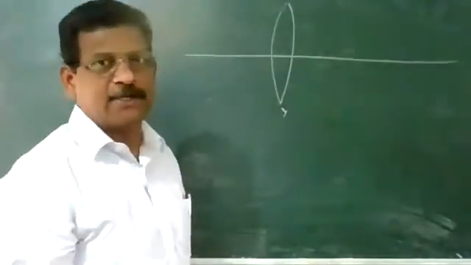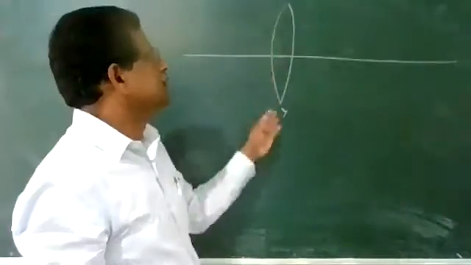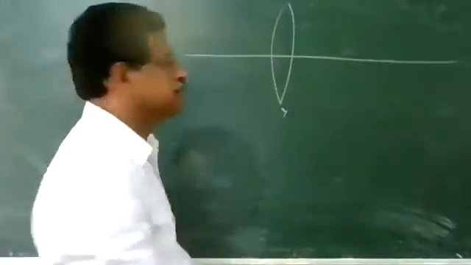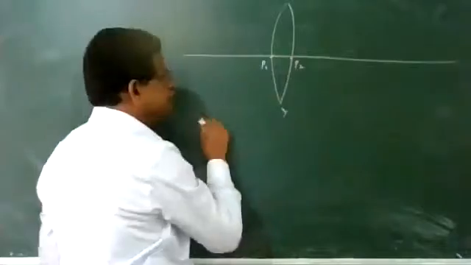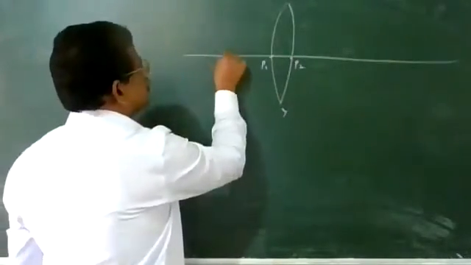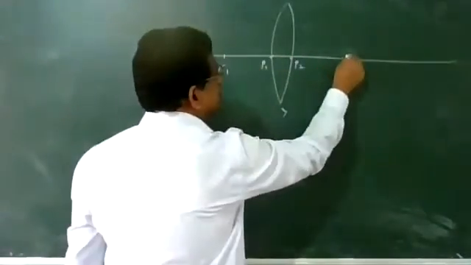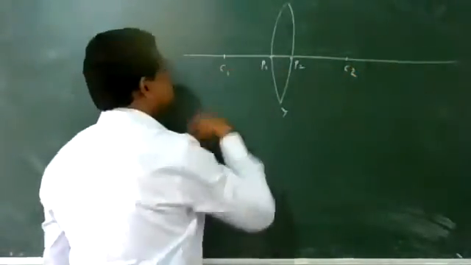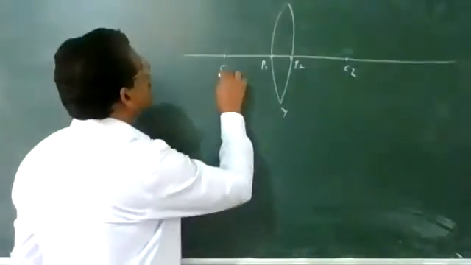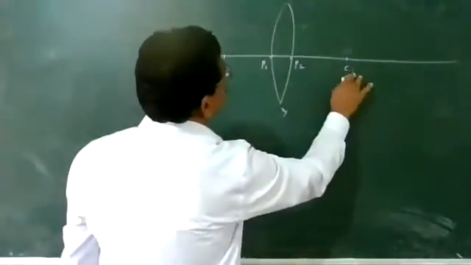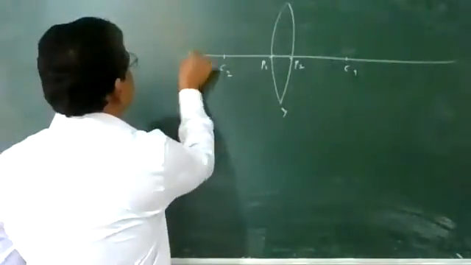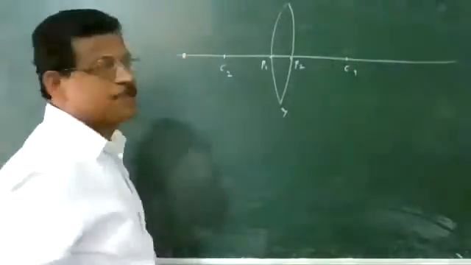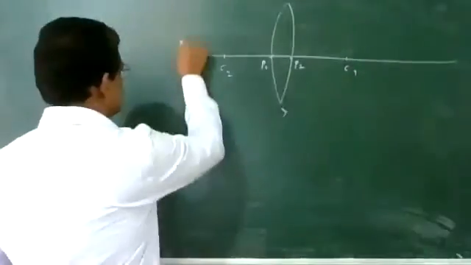XY is, we'll call it, the aperture. First part is V1, pole, second V2. C1, C2. First one, C1 is on the right side, C2 is on the left side. Object is here lying on the principal axis, point object.